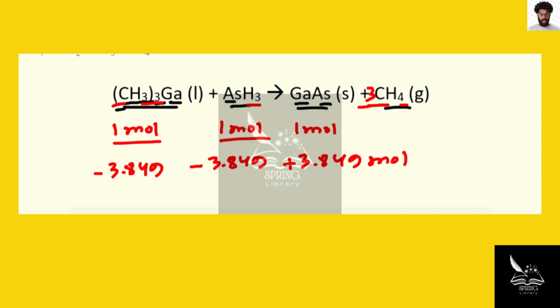So the number of moles of gallium arsenide which is being produced is 3.849 mole. From here we can find the mass of gallium arsenide which will be produced.